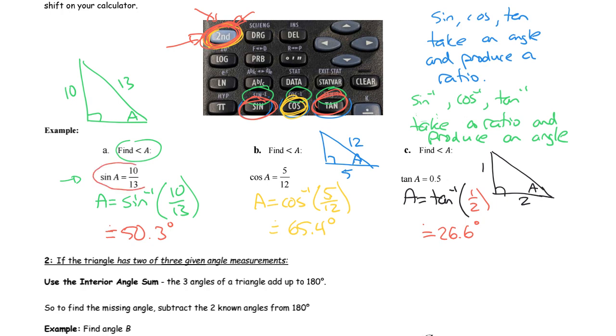I've got the sine of A equals the ratio. I've got the cosine of A equals the ratio. I've got the tangent of A equals the ratio. Sine, cos, and tan produce ratios. You give it the angle, they produce ratios. If I want to go backwards, I need that to the -1 to go from the ratio back to the angle. Okay, so that's one way of finding the acute angle inside a right triangle.